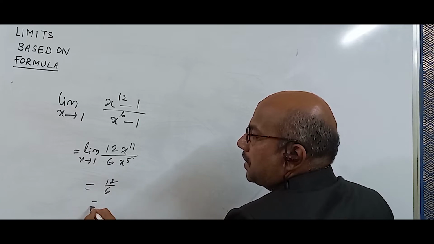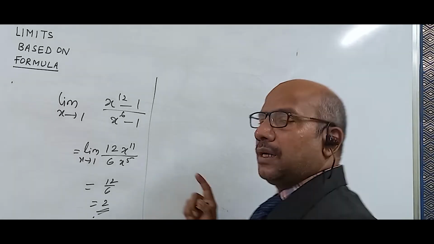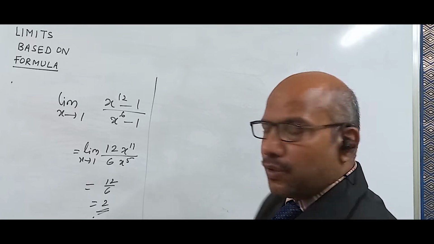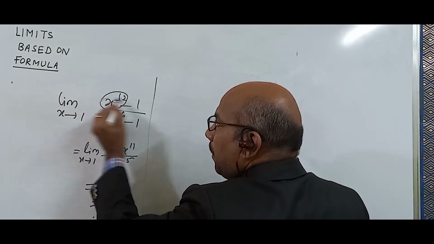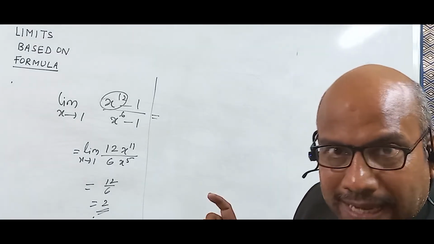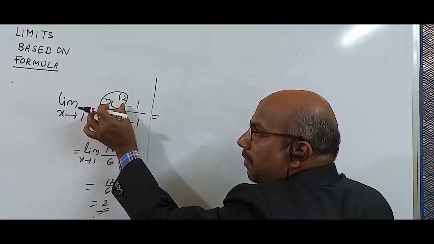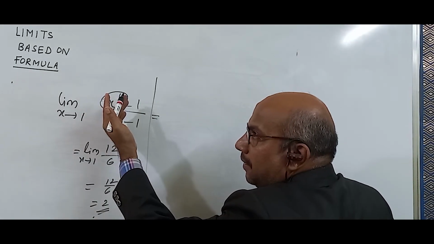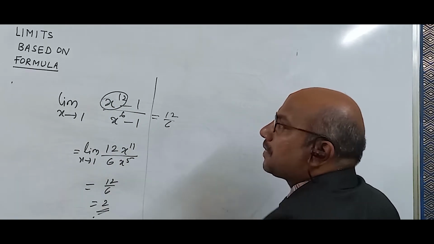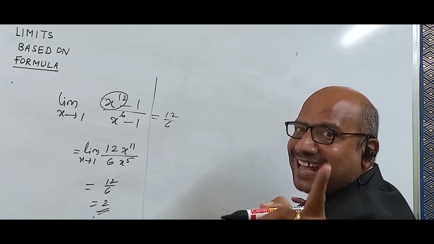So answer is 12 by 6. Answer is 2. Now you get the answer much faster. But look, whenever limit is x tends to 1 and this particular part becomes 1 raised to something, directly your answer is 12 by 6. So there is no need to do all this. Answer is directly 12 by 6. In one step you will get the answer.